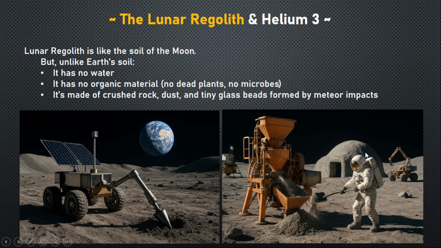But unlike the Earth soil, which has water, the lunar regolith has no water. It has no organic material, like it doesn't have dead plants or animals or even microorganisms. The lunar regolith is made up of crushed rocks, dust, and tiny glass beads formed by meteor impact.